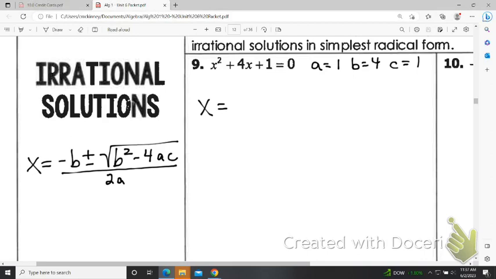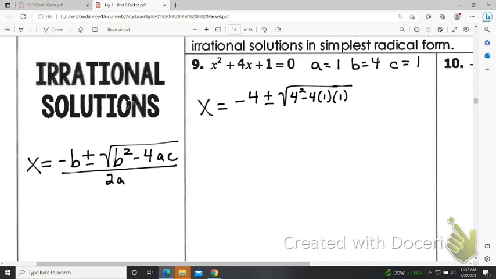So x equals negative b, so negative 4 plus or minus, and then my square root sign, 4 squared minus 4 times 1 times c, times 1 again.